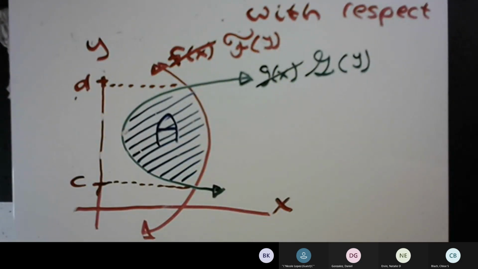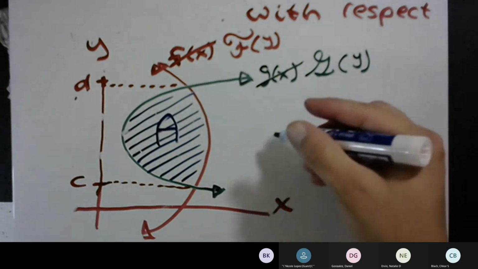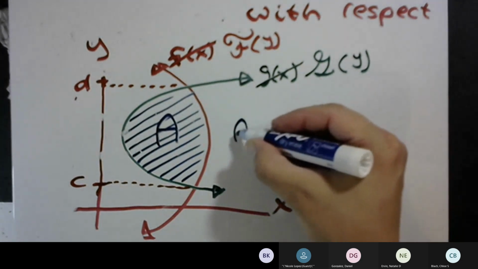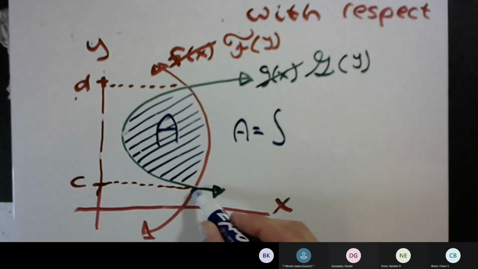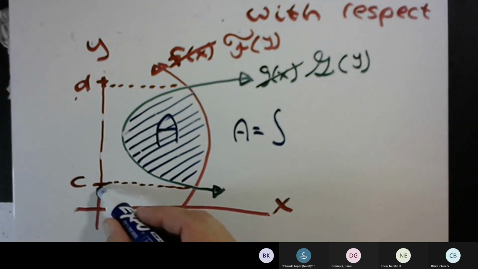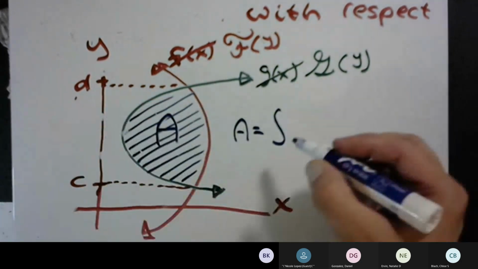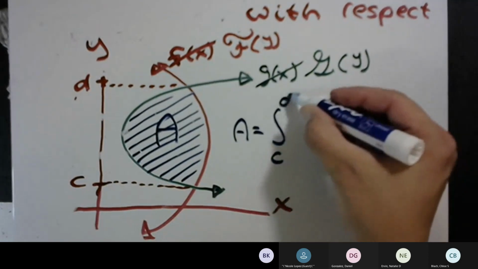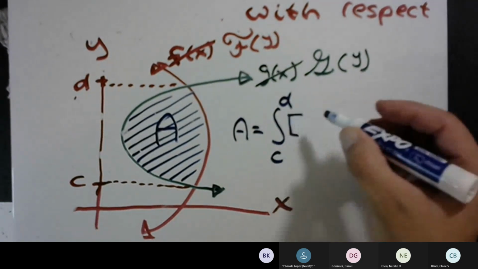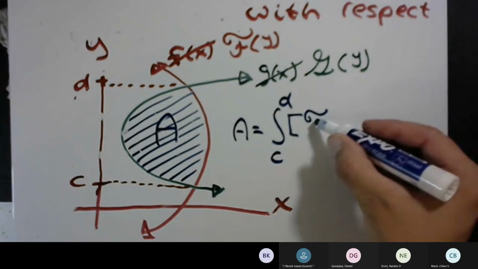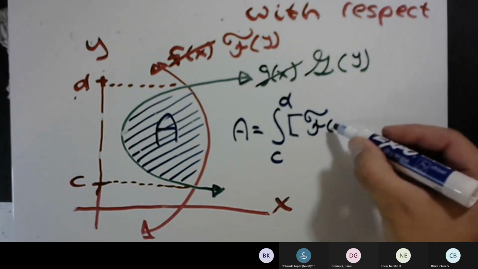Then we can compute the area like this. The area will be the integral. So these intersect at y equals c and at y equals d. So instead of having to do two complicated integrals where we have to add them up, we can just do one integral in terms of y.